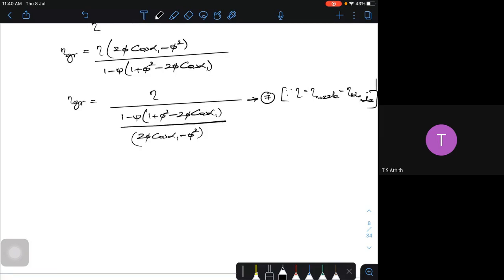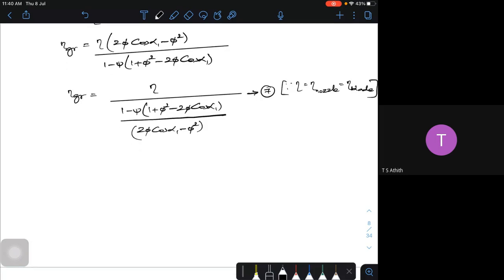So for any given value of alpha, your gross stage efficiency becomes a function of phi.